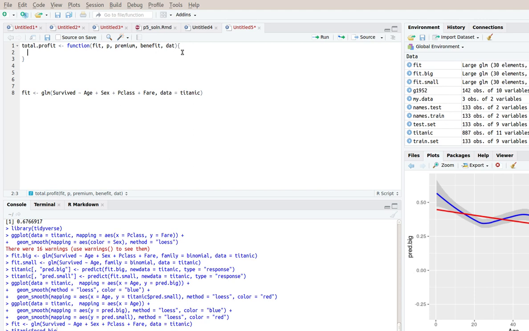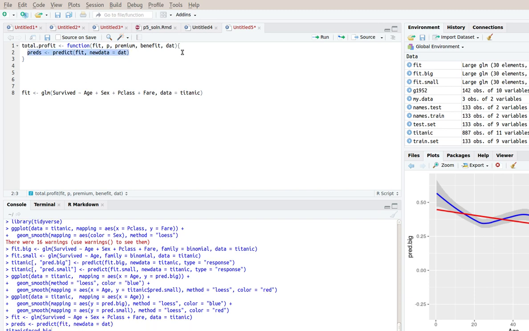So the first thing we need to do is make the probabilities. The predictions are going to be predict, fit, and new data is going to be Titanic as well.